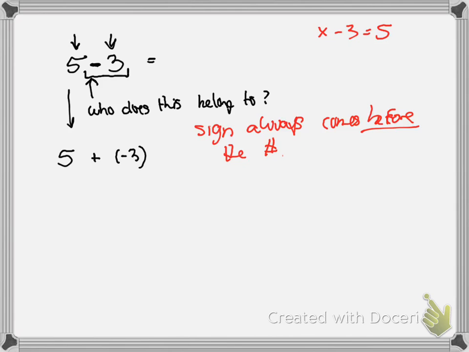Actually that's not a good example. Let's do 3 minus x equals 5. People are like, oh, well, I want to get the 3 on the other side, so let me add 3 to both sides. But that's not right because this negative sign belongs to the x, it doesn't belong to the 3.